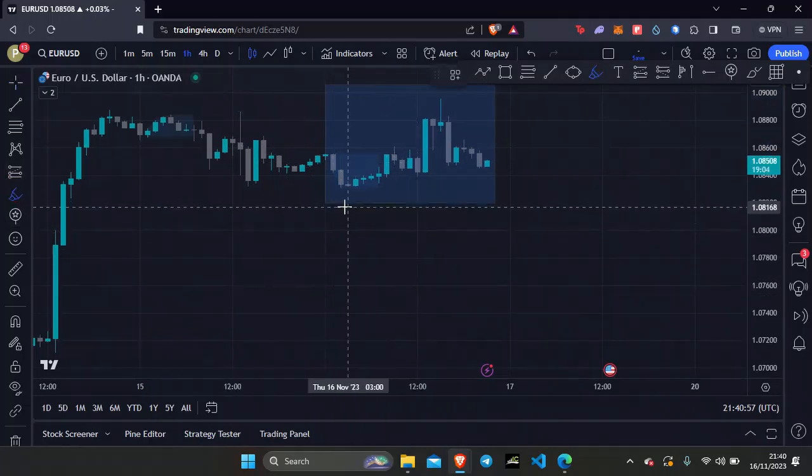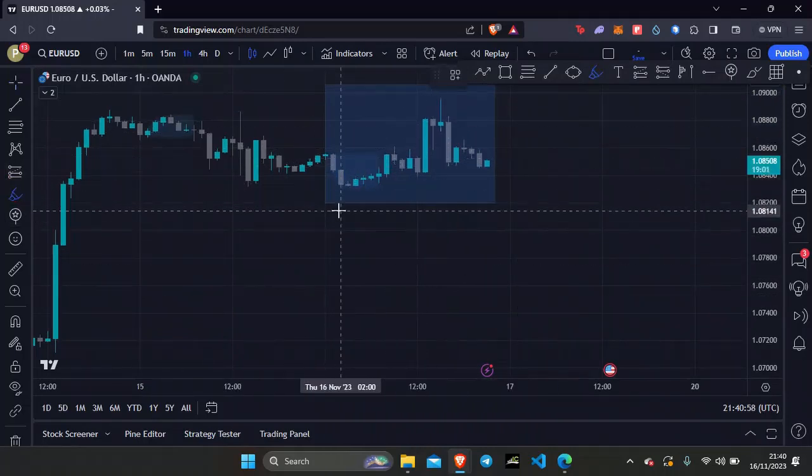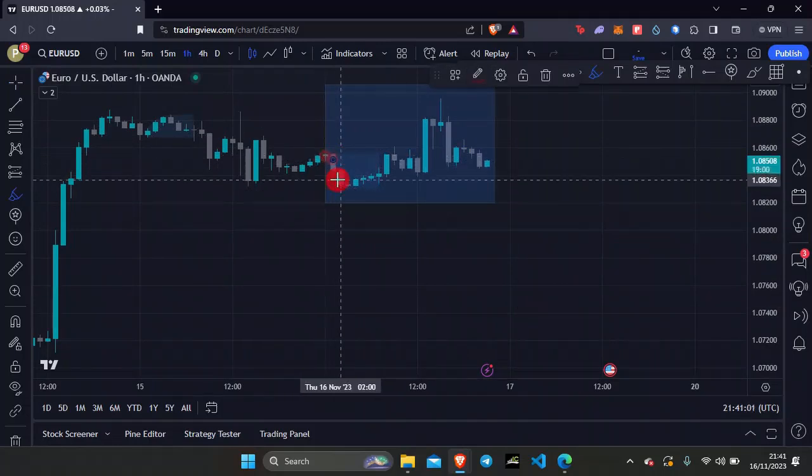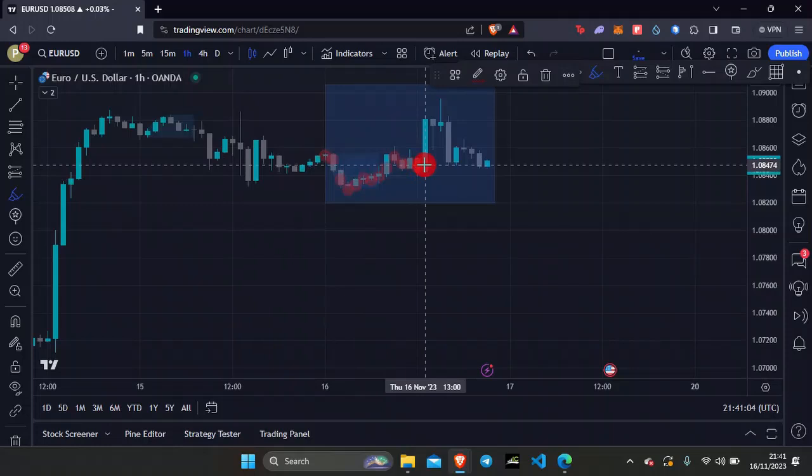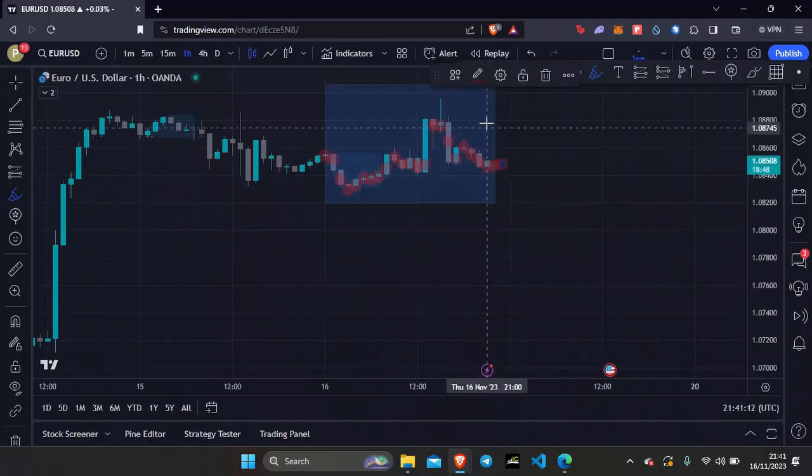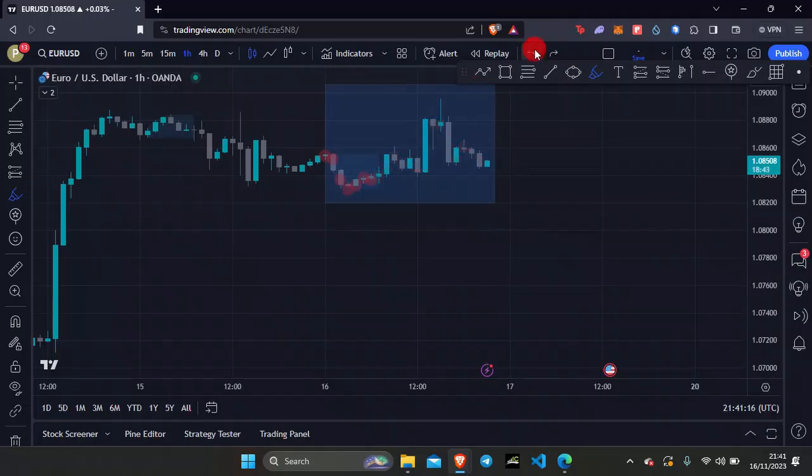Now, inside of this one daily candle, we've had 1, 2, 3, up to 22, and then we're expecting a 23 and a 24, right? So we're expecting 24 1-hour candles inside of that one singular daily candle.